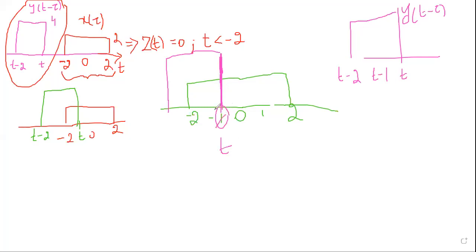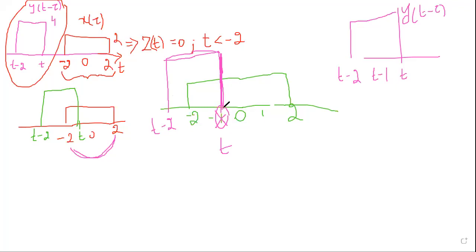That I will not showcase, because in given x of t, they have highlighted only minus 2, 0 and 2. In all the problems, one shift you have to do to your x of t. Y of t minus tau can be shifted one step to x of tau. Am I clear here?